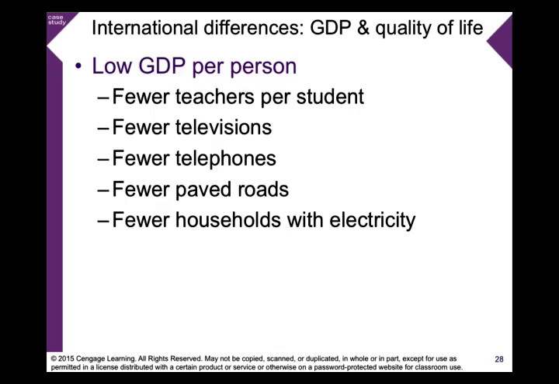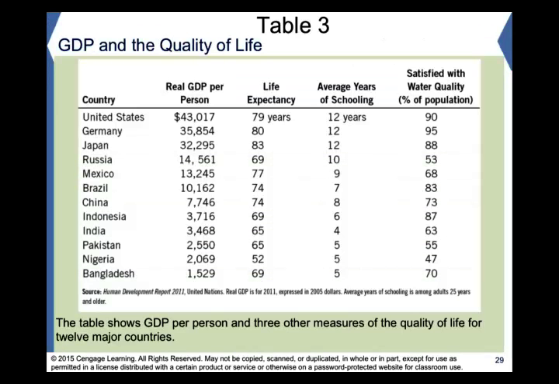Some other concerns are few teachers per student. If the population itself is not very literate, how can they produce enough teachers? There will be fewer telephones, paved roads, and also fewer households with electricity. So people will not have that much electricity connection. That might be another problem.